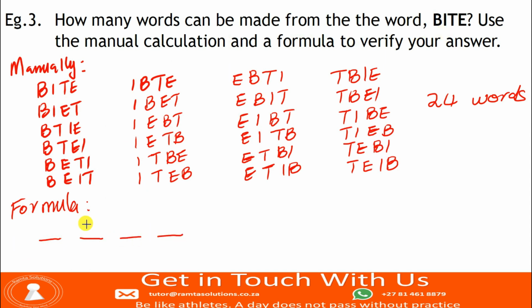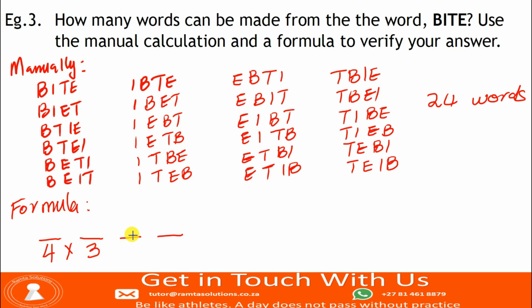Now, what is happening for the first letter? For the first letter, you have 4 letters to choose from. Once you have chosen 1 letter, for the second letter you will have 3 letters to choose from. You choose 1, so you will have 1 less.